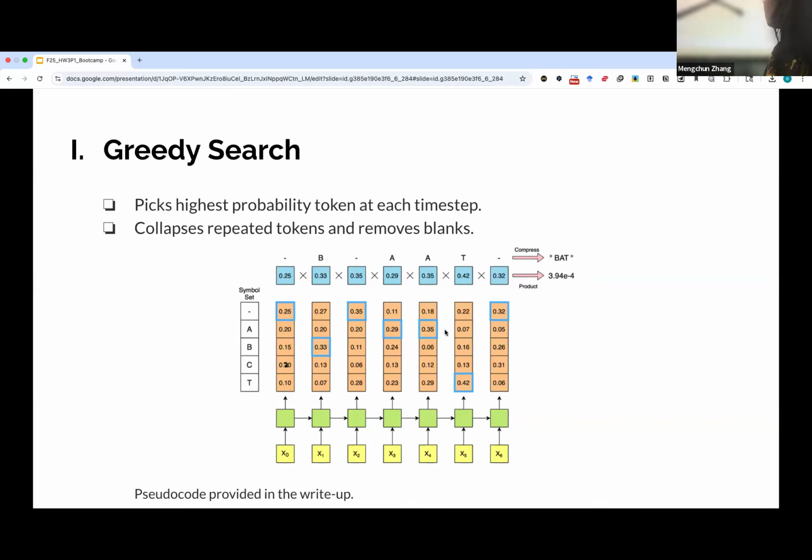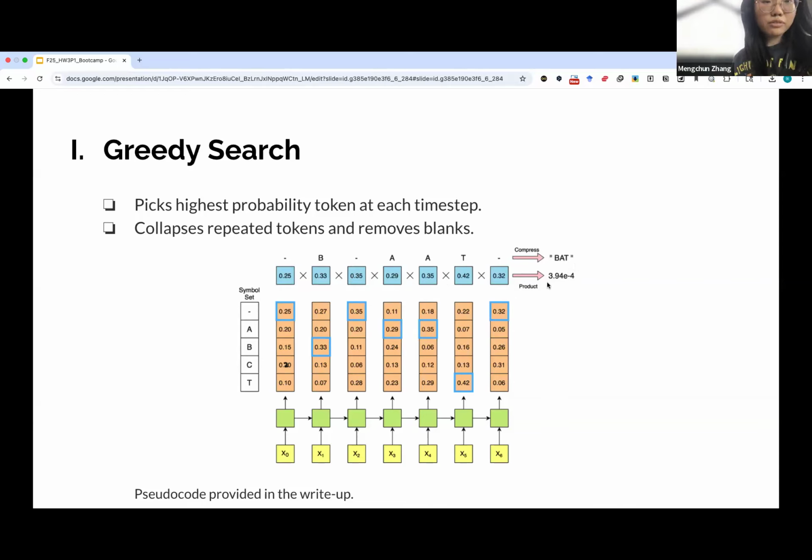And then we combine all these chosen symbols to get the final output. But before we output this sequence, we first have to delete the blanks in this sequence, and also combine the repeated letters, so that we can get this clean version at the end.